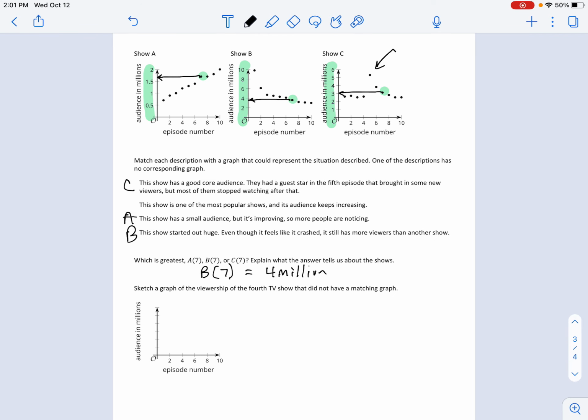So one other thing we need to do is that one description that we didn't use. So this show is one of the most popular shows, and its audience keeps increasing. We need to draw a graph for that. So one of the key things here is the fact that it's one of the most popular shows. What that means is its scale is going to be greater than the other ones.